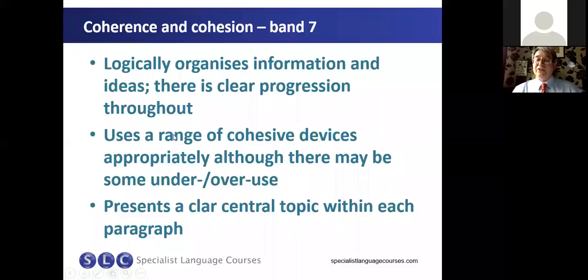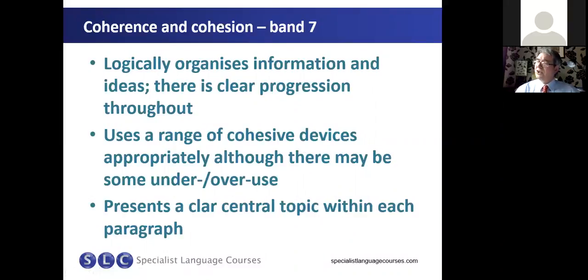So a use of a range of cohesive devices. So it's no good saying and then, and then, and then, because that's not a range. But if you say words like subsequently, or finally, or turning to the last stage in the process, those are cohesive devices. So it's letting the reader know what's coming next.